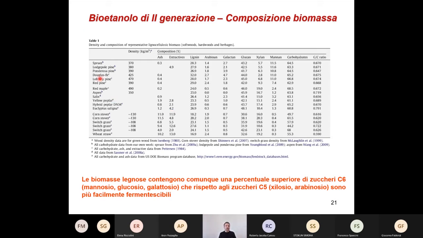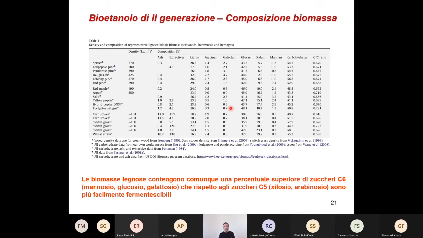Another table, you can see the composition of a lot of biomass, forestry biomass, or agricultural biomass, and you can see also the sugars composition of every biomass, so glucose, galactose, arabinan. So there are a lot of simple sugars you can have inside the biomass, but of course you can see that glucose and also xylose are the main two sugars you can have inside the biomass.